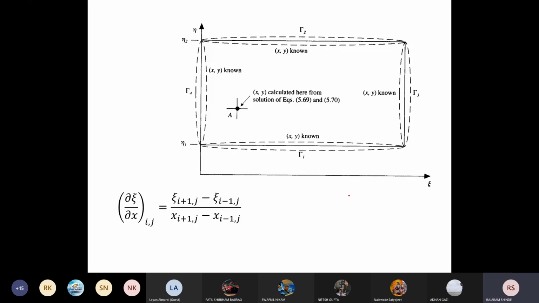Depending upon the properties of the problem, you are getting the boundaries. That means in this problem, gamma 1, gamma 2, gamma 3, gamma 4 are the four sides of this domain, and on these four sides you have known values of x, y. And this is a properly posed boundary value problem.